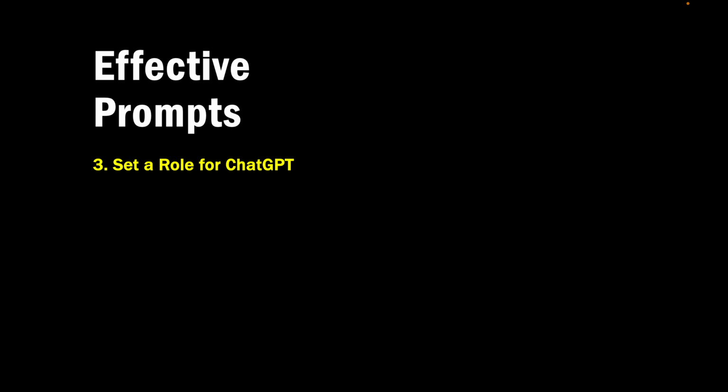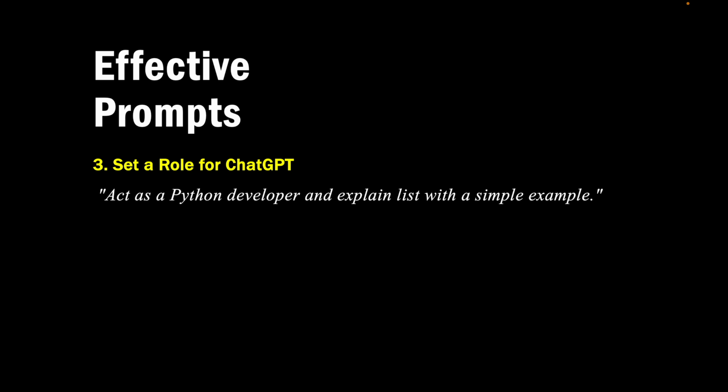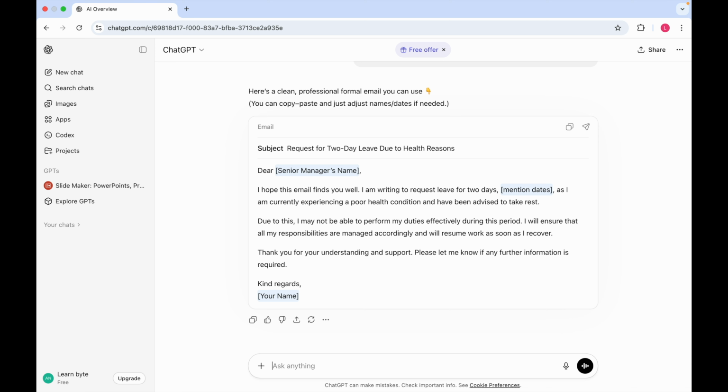Next technique for an efficient prompt is we can set a role for ChatGPT and we can instruct it to behave like a teacher, software engineer, researcher, or any role to get a better response. For example, act as a Python developer and explain list with a simple example. So let's write this in ChatGPT.